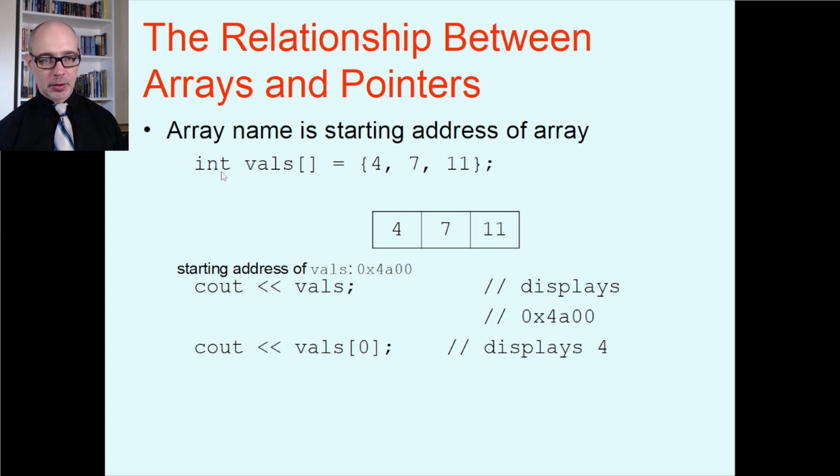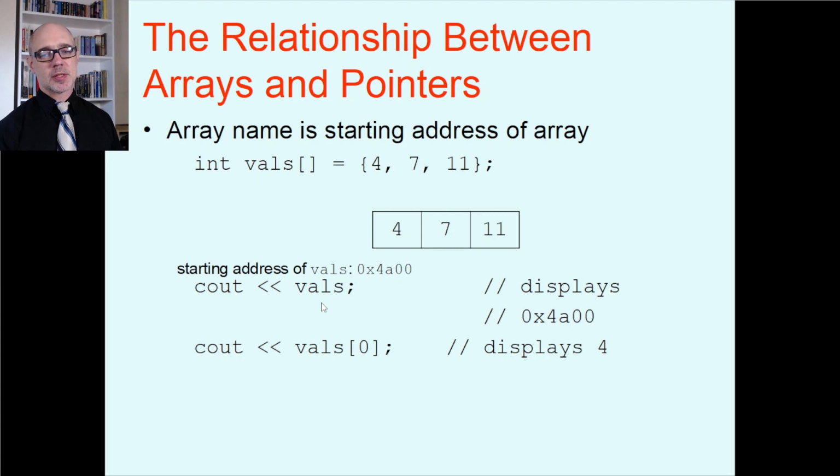So to make that really clear, here's an example. If I make an integer array called vals, and I initialize it to 4, 7, 11, obviously there's three things there. Three integers are being stored in memory. And if I cout vals with no square brackets, I'm going to see the address of where that array starts in memory.